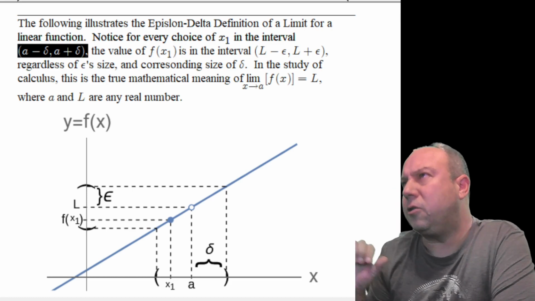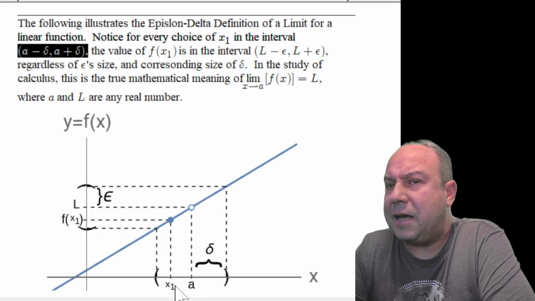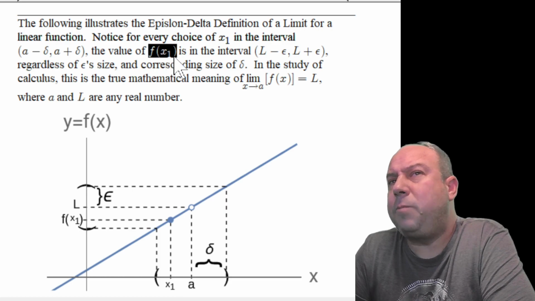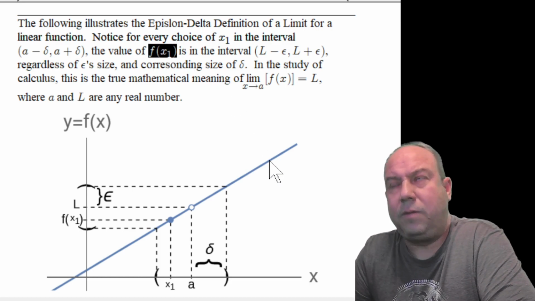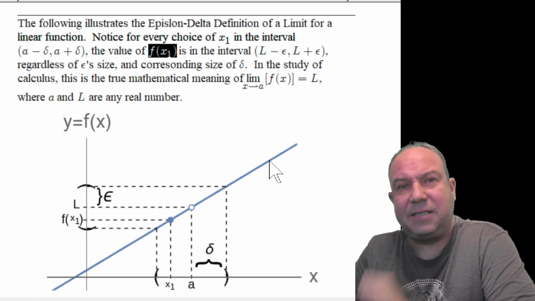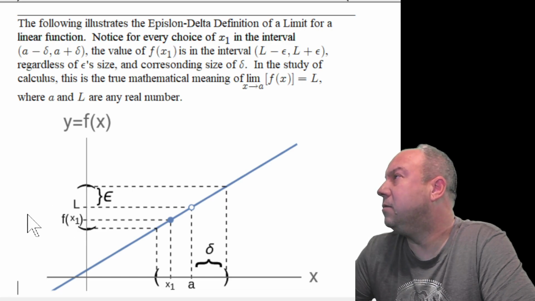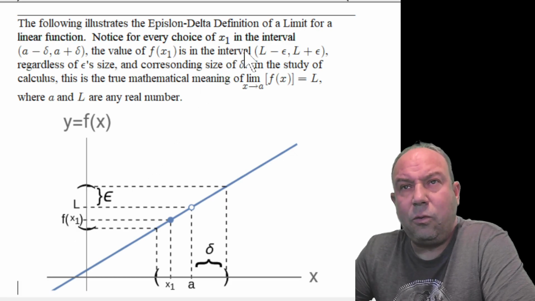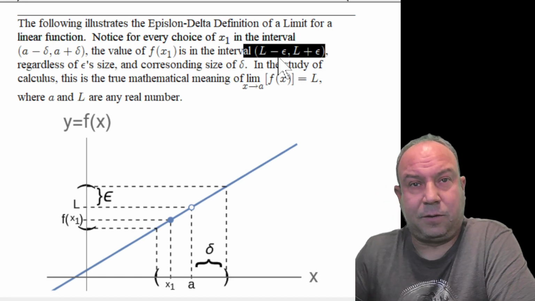it's going to create this interval around a. And no matter what size x I pick, x sub 1 in that interval, the corresponding value for the dependent variable, the value for the output of the function at that x, f at x sub 1, seen over here along the vertical axis, its value will always lie within this interval.